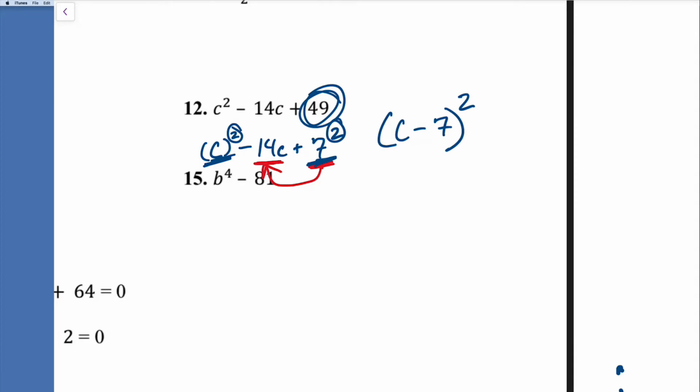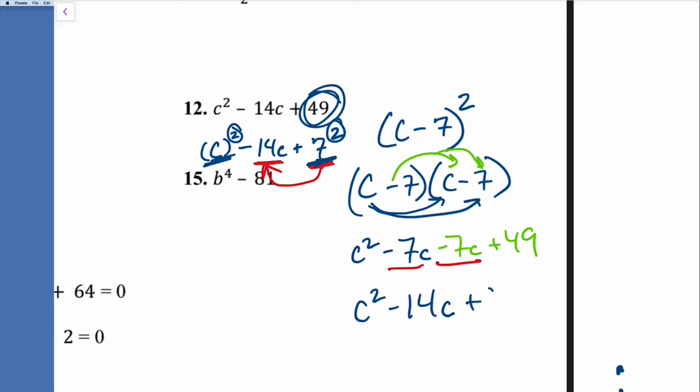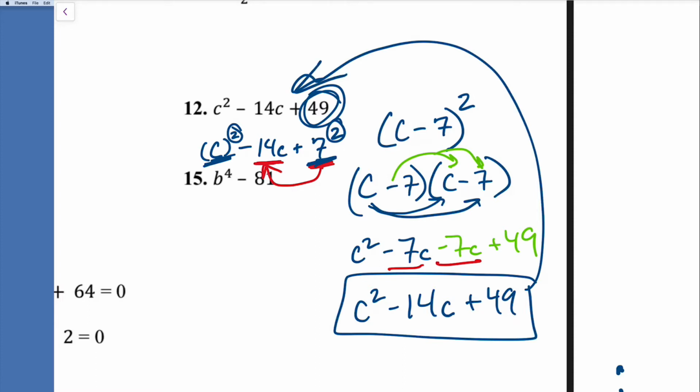And that makes sense, because c minus 7 times c minus 7 gives me c squared, then minus 7c, then negative 7 times c is negative 7c, and negative 7 times negative 7 is plus 49. Then I have two like terms, so I end up with c squared minus 14c plus 49, which is exactly what I started out with over here.